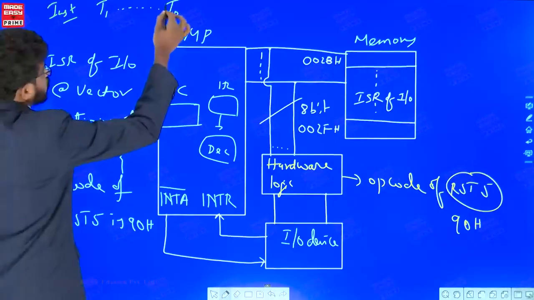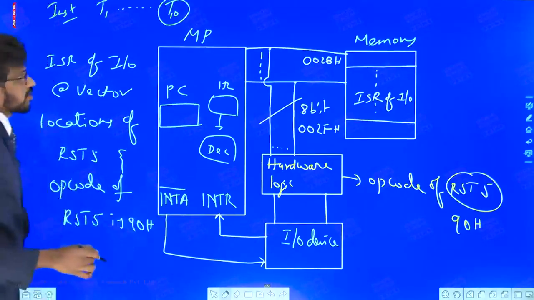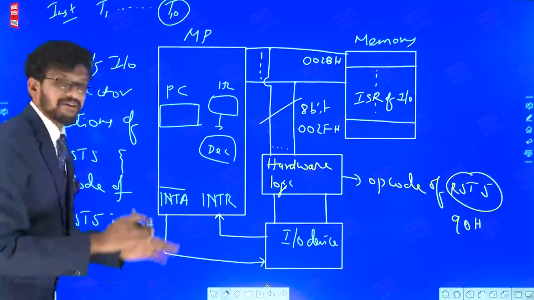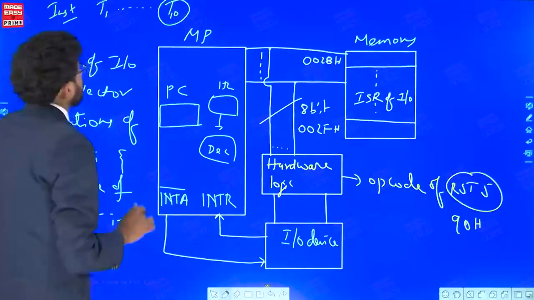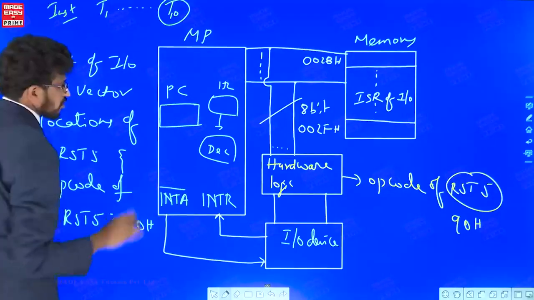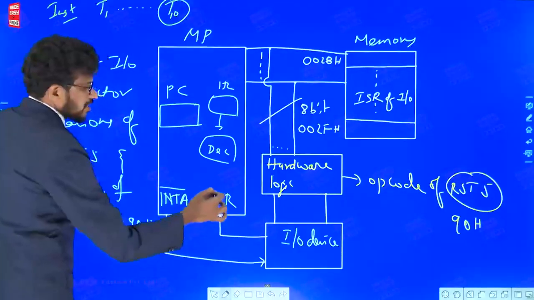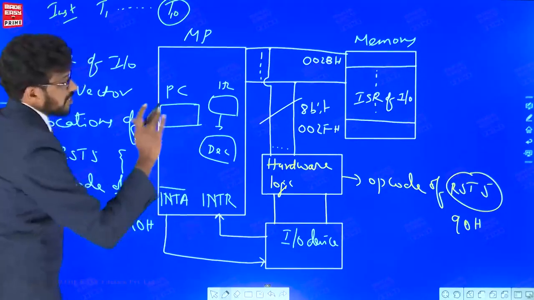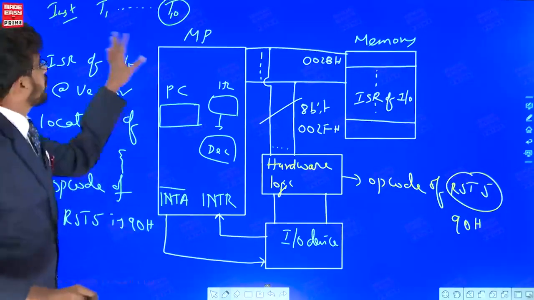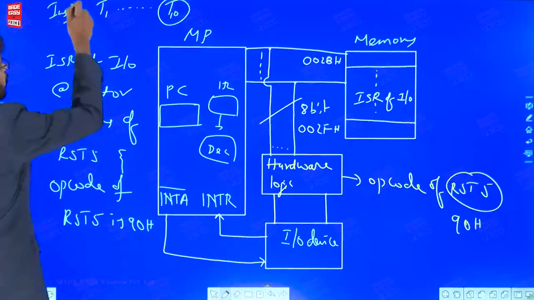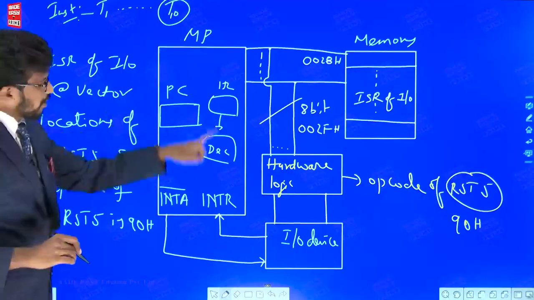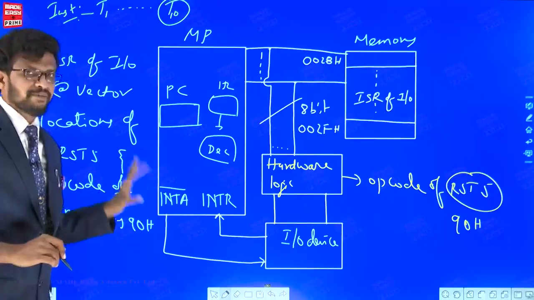In the last clock period of every instruction, the microprocessor will check this INTR pin, whether an interrupt is present or not. Even though INTR has come at some other place, the processor doesn't bother. It will check only at T10. Only in the last clock will the INTR pin be verified by the microprocessor.